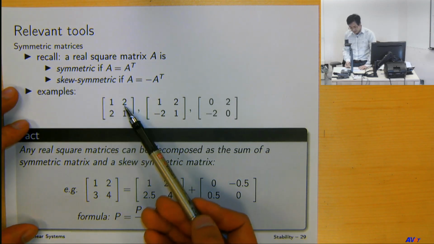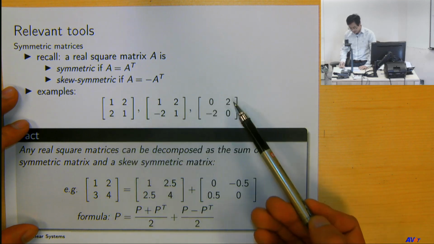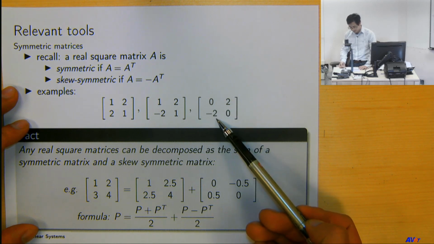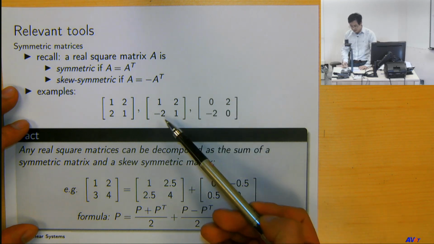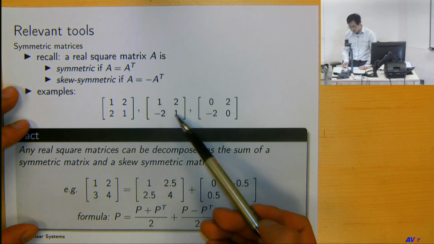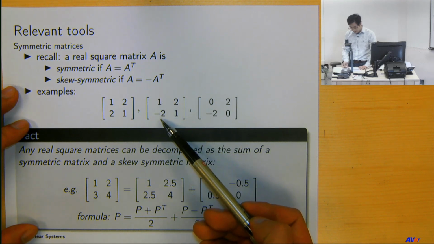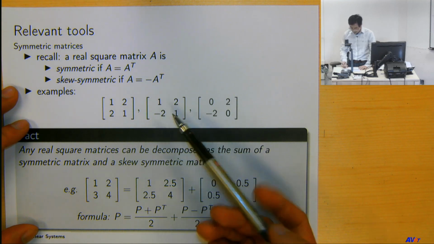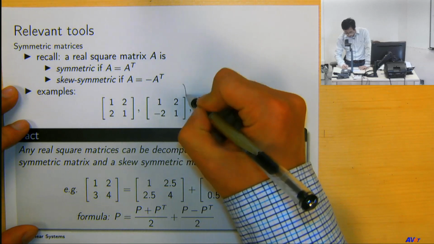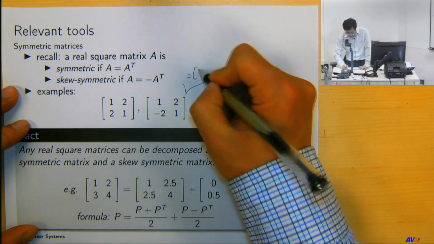So this is a symmetric matrix. This is not symmetric, but is skew symmetric. And then this one is neither symmetric nor skew symmetric, but it can be decomposed as a symmetric matrix added to another skew symmetric matrix.